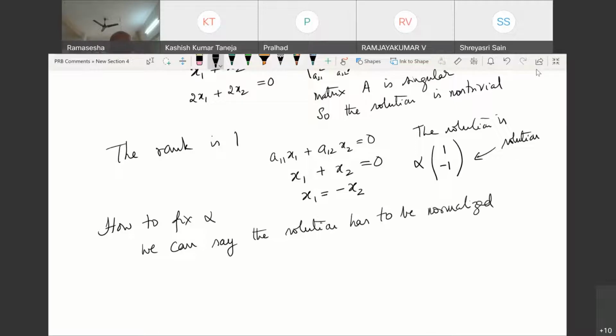We then get the unique solution, 1 upon root 2 times 1, minus 1. Okay, so this is the unique solution. This becomes a unique solution because you have imposed one more condition.